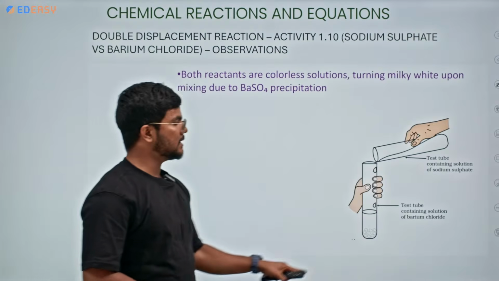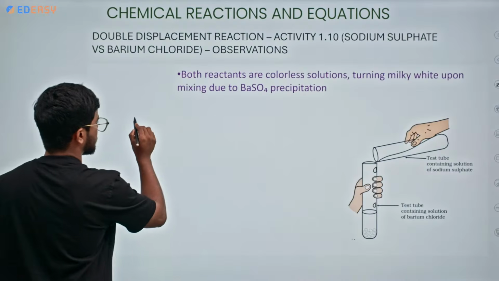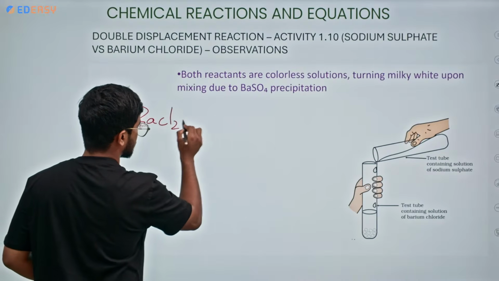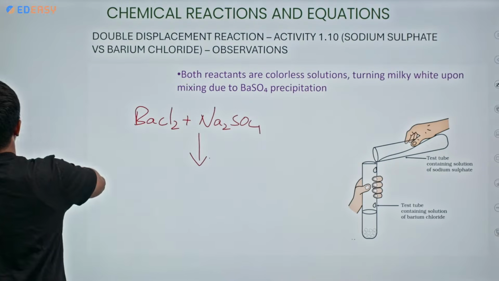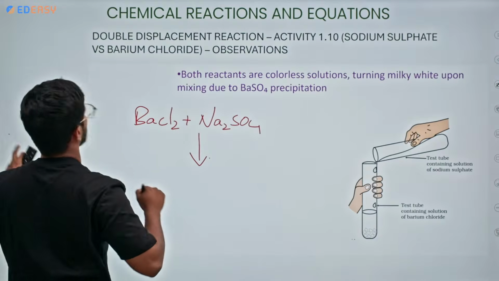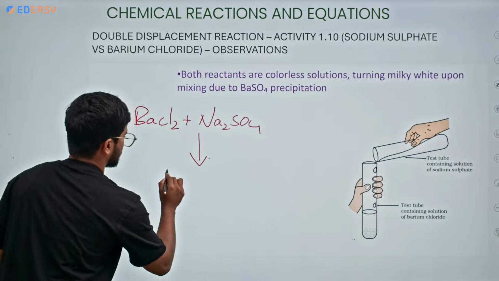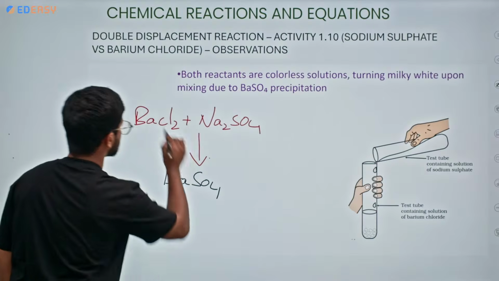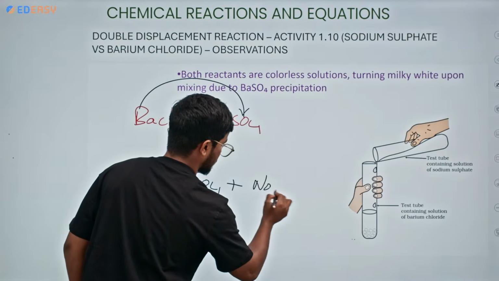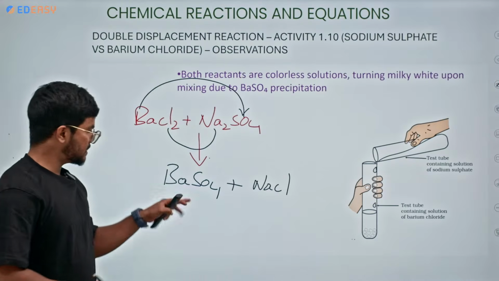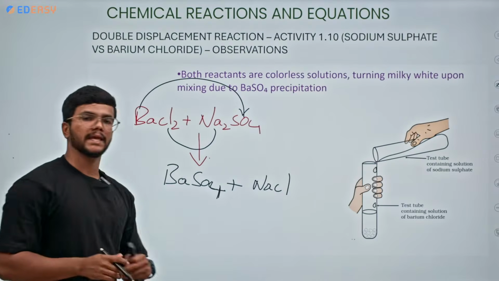When you mix the sodium sulfate with the barium chloride, the reaction is barium chloride reacting with sodium sulfate, Na2SO4, to give barium sulfate and NaCl. Barium sulfate is an insoluble salt which does not dissolve in water.